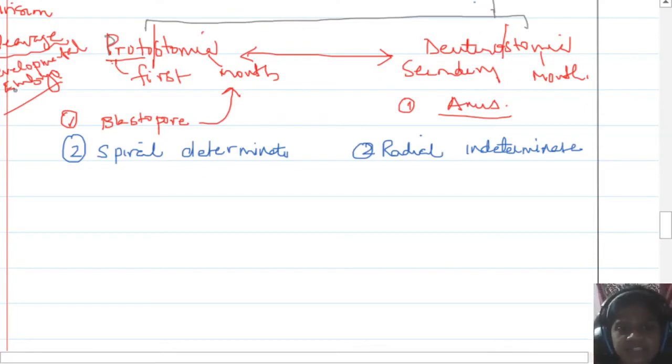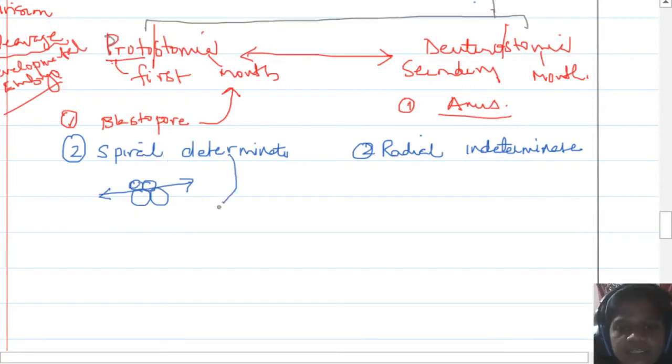And when it comes to cleavage, the developmental embryo stage, the cleavage is spiral and determinate. The angle is not 90 degrees. If this is it, the cleavage is slightly tilted, or at an angle. The second division occurs at an angle in the Protostomia. So it is called a spiral cleavage.